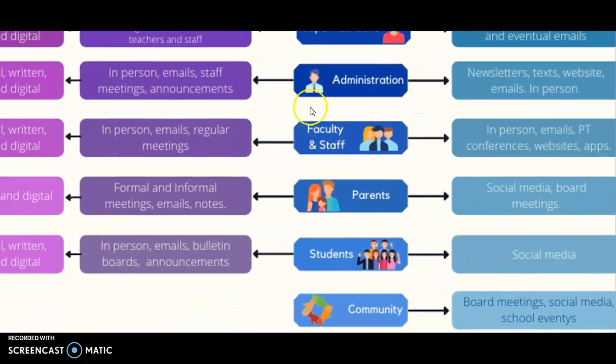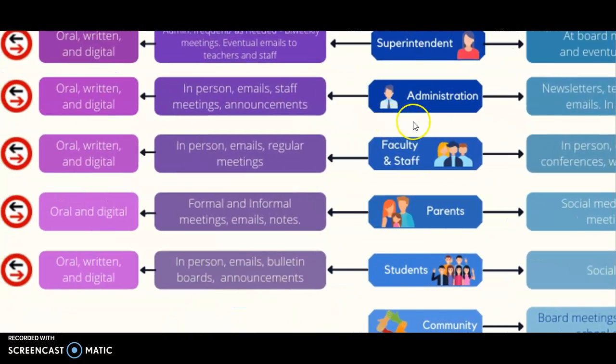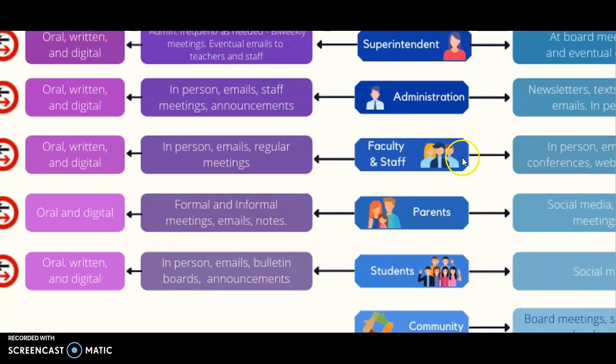Faculty and staff from my school have formal and informal meetings among each other in person. They communicate with each other through emails, and we also have regular PLC meetings where we can discuss topics from an agenda that we can put together. Communication happens in oral, written, or digital ways, and it's also two-way communication.